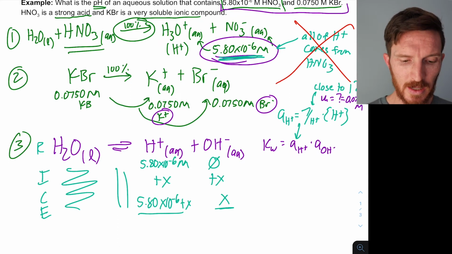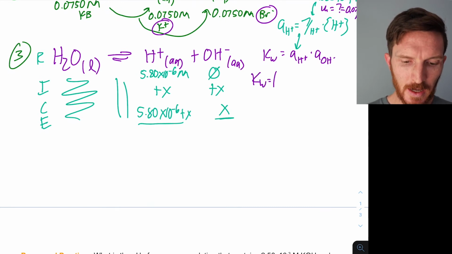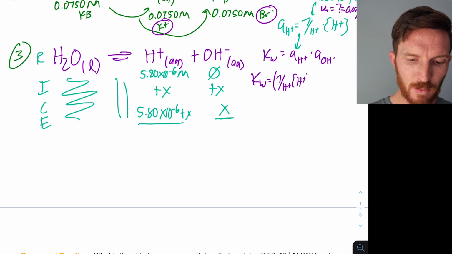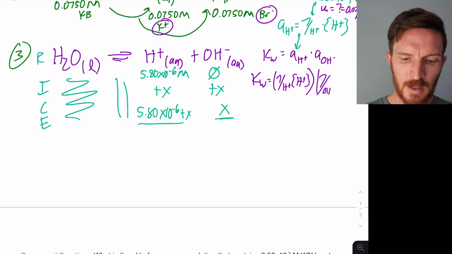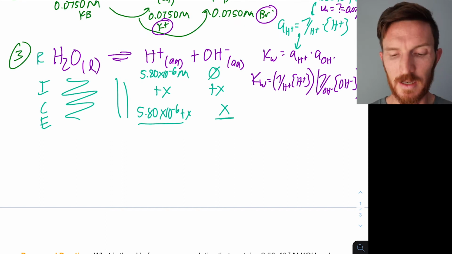So now let's apply that here. I'm going to express that by saying our Kw is our gamma value of H+ times our actual concentration of H+ times our activity coefficient of OH- times the actual concentration of our OH- ions.